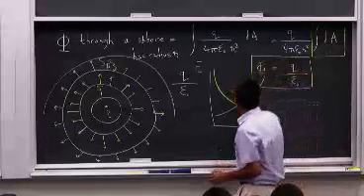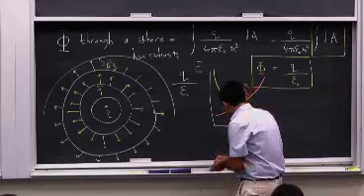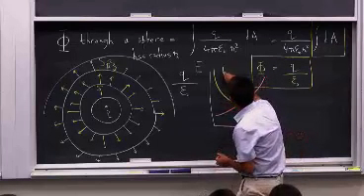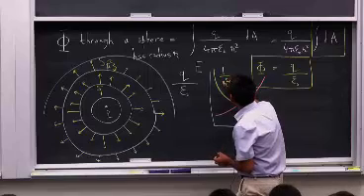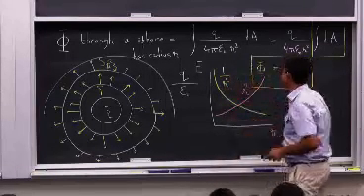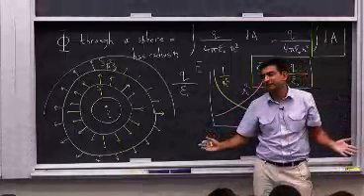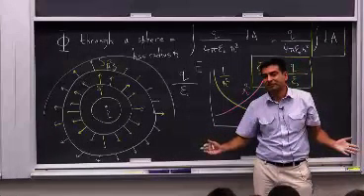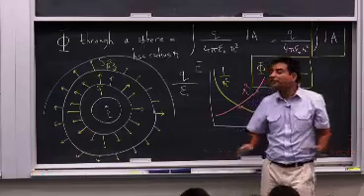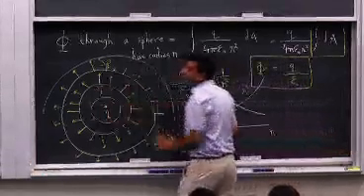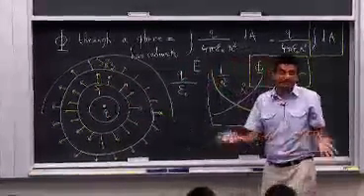So one goes up as r squared, the other goes down as 1 over r squared. And if I take the product, both of these effects cancel out and I'm left with something that is totally independent of the radius. Okay? So the flux through all of these surfaces is going to be the same, even though the electric fields are different.